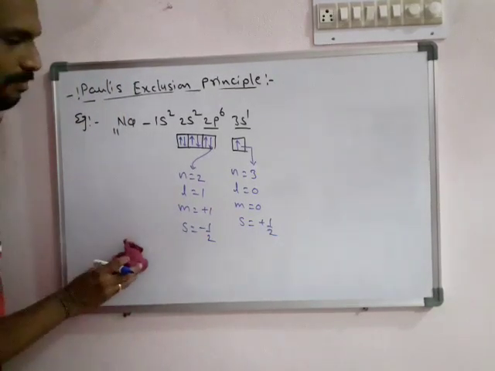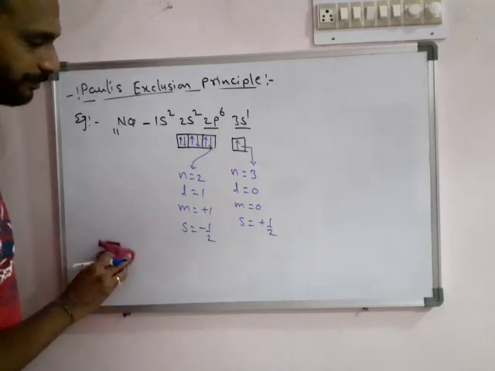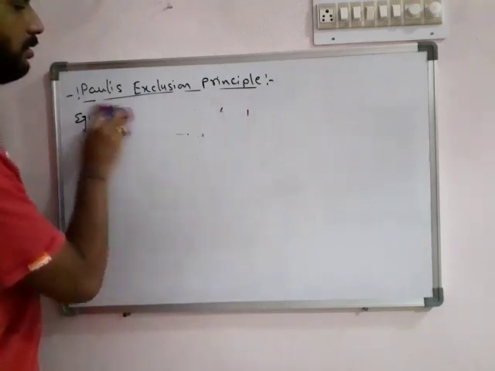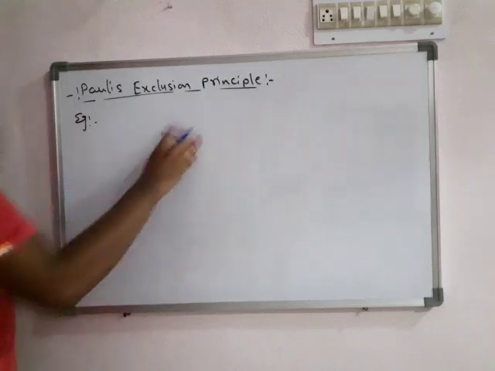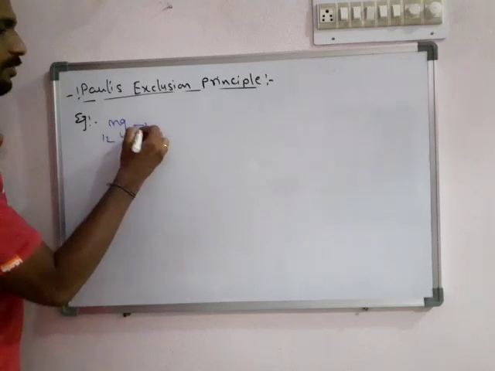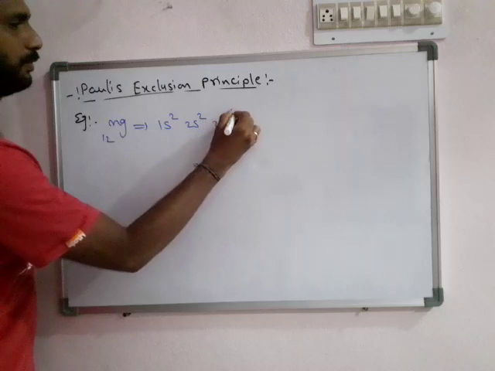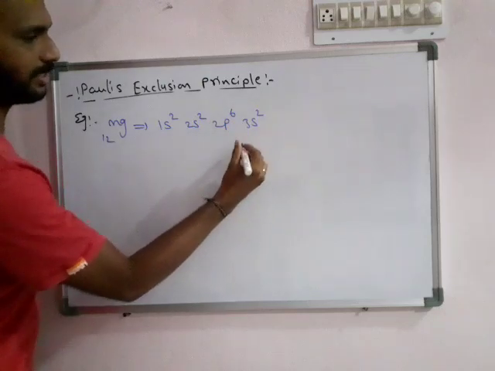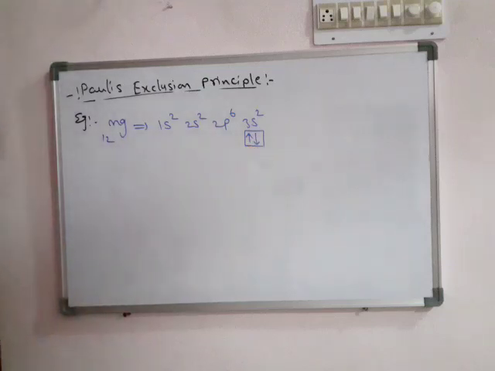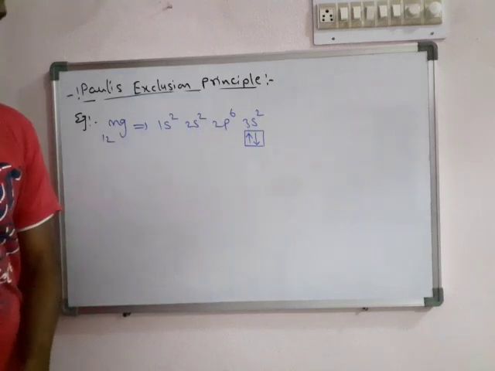Okay, write down. Now we see the other example which shows this rule exactly. Magnesium 12. 1s2, 2s2, 2p6, okay, 3s2. So now it becomes easy for comparison. Now there are two electrons present in 3s.